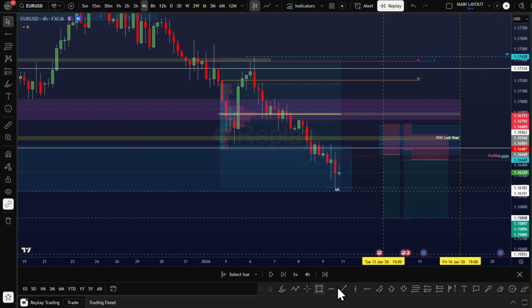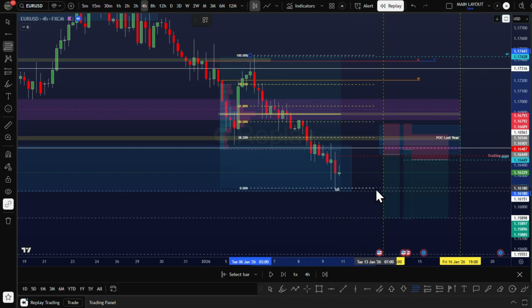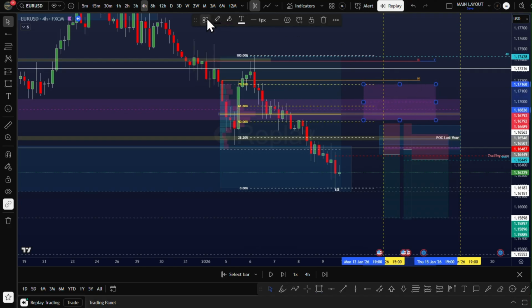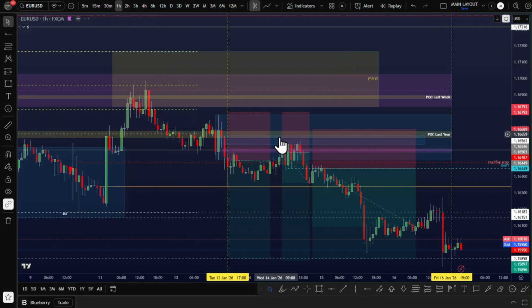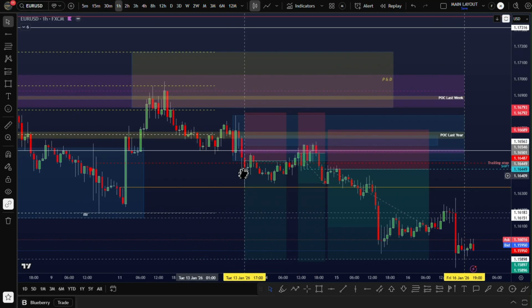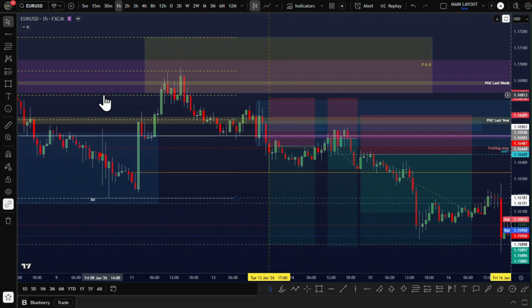As I explained in my weekly market outlook last week, I was expecting price, with this 4 hour order flow, to retrace around the premium zone. From this high to this low, I expect price to retrace around this zone. This is my premium zone. Price reached this zone, I go down to the 1 hour.